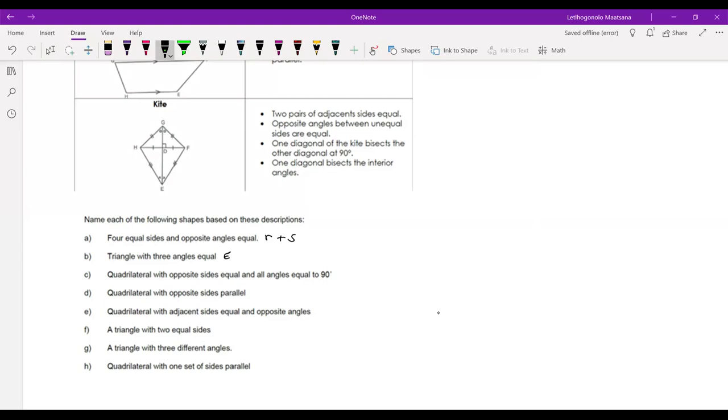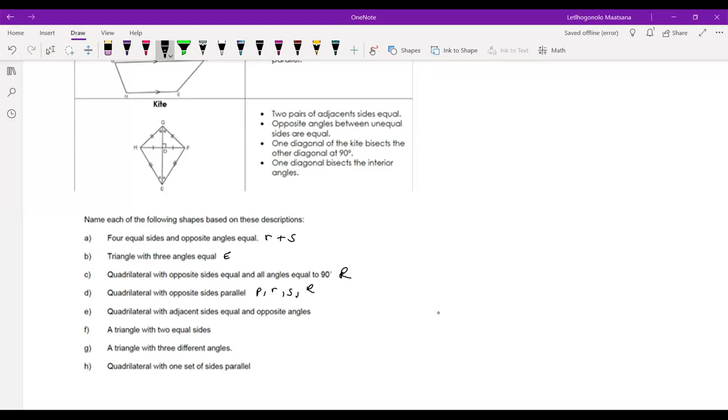Quadrilateral with opposite sides equal and all angles equal to 90, this will fit a rectangle. Quadrilateral with opposite sides that are parallel, this would fit a parallelogram, a rectangle, a square, or a rhombus.